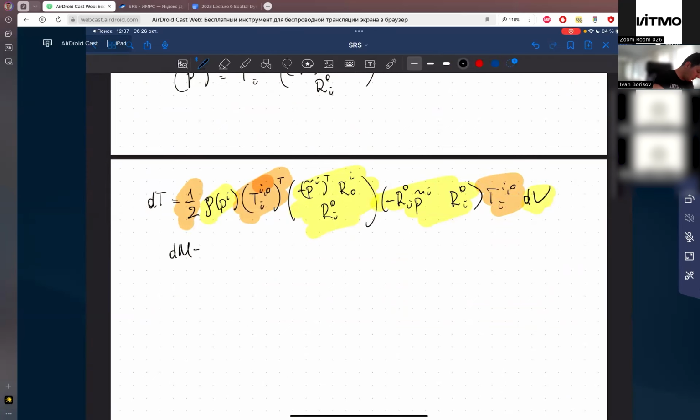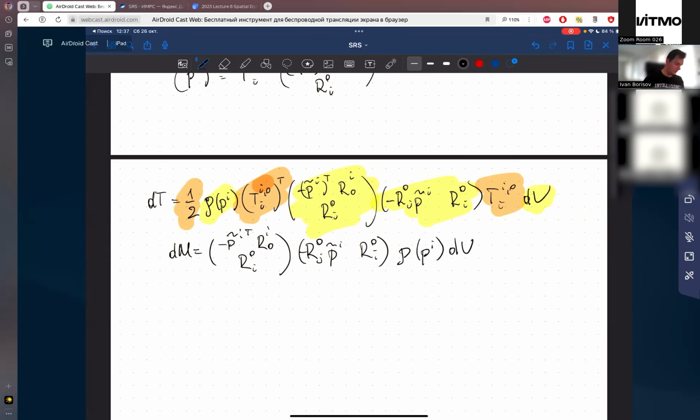So dm will be p I t rho I minus r transpose. So this stuff. Then density dv, where the dv, once again, is volume. This is density.